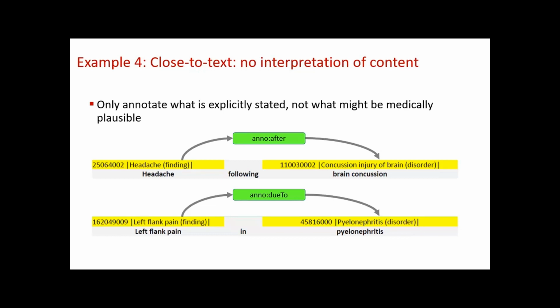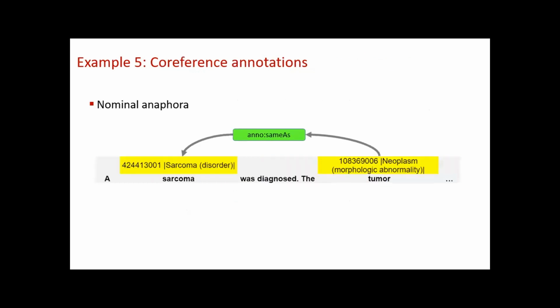And the interpretation, of course, this should probably be interpreted as due to, but perhaps the patient had this headache anyway. But this is not up to the annotators to decide, yeah? And to lose time discussing these things. When it's a temporal relation, then they annotate with after. When it's a causal relation, then they annotate with due to.